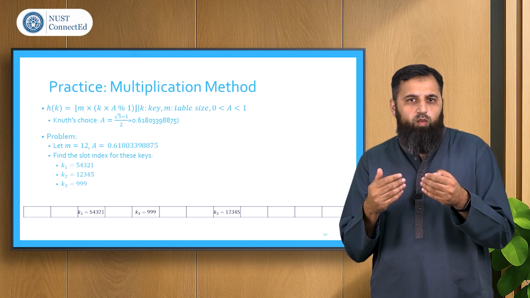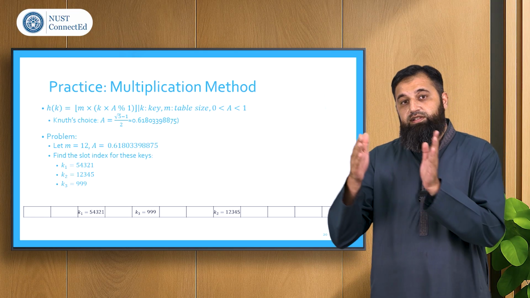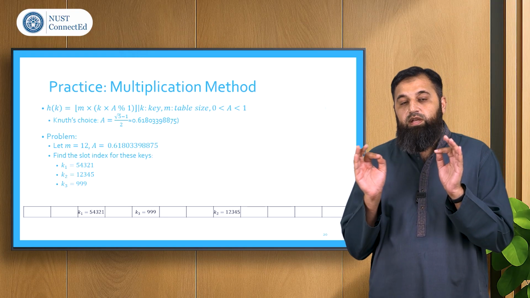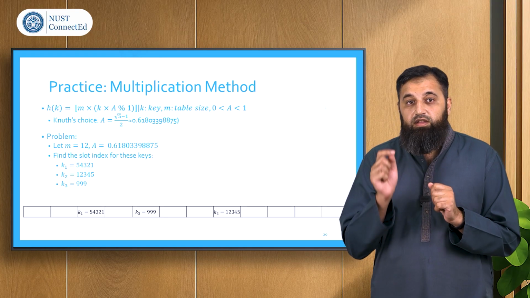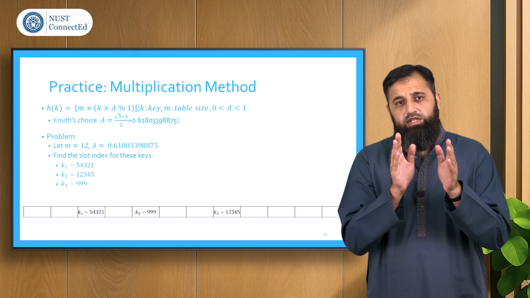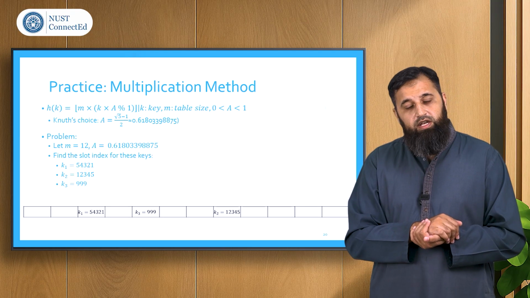We then multiply with m, which gives us a decimal number, but we are not interested in the decimal part. Rather, we simply take the floor of this number. Once we take the floor, it will give us an index between 0 and m minus 1. This is the index that we are interested in.